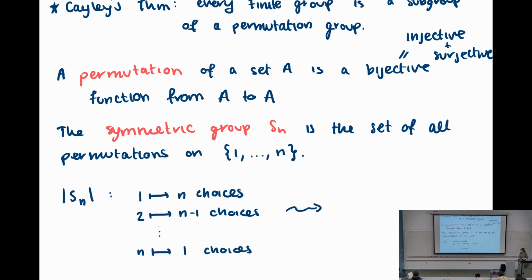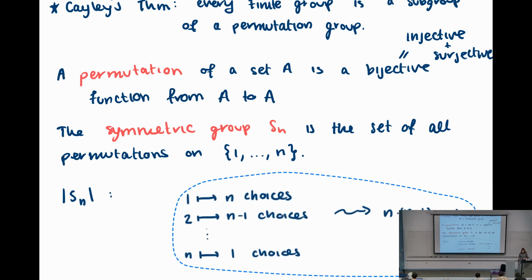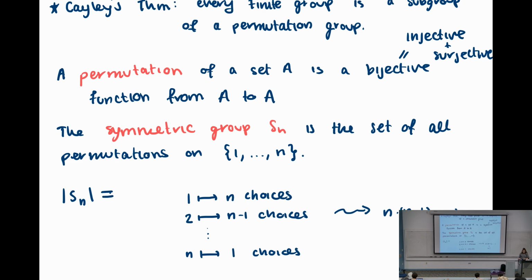So in total, this gives me n times n minus 1, and so on down to 1 as the number of bijections. So this is equal to n factorial. So the order of Sn is n factorial.